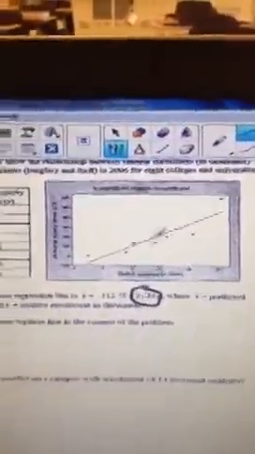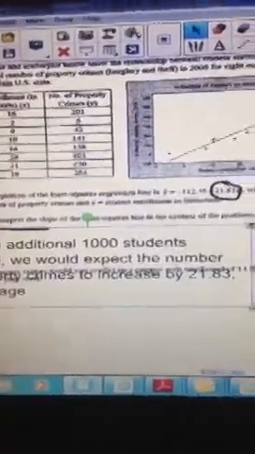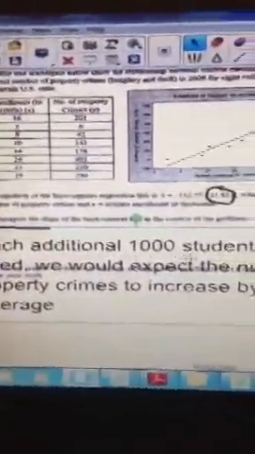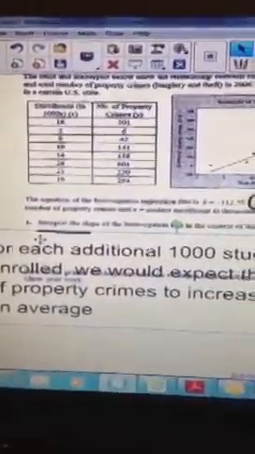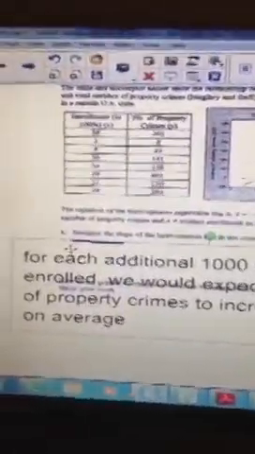What does that mean? For each additional 1,000 students enrolled, we would expect the number of property crimes to increase by 21.83 on average.